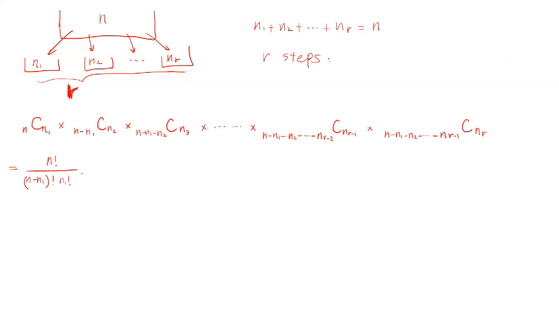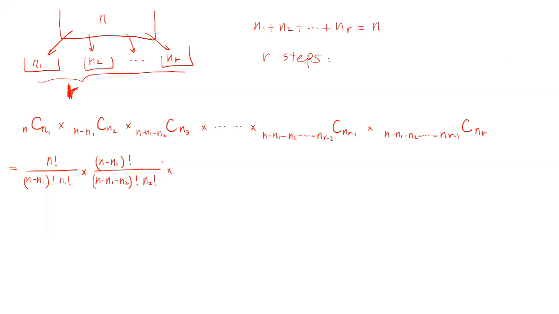The second term is n minus n1 factorial over n minus n1 minus n2 factorial and n2 factorial.